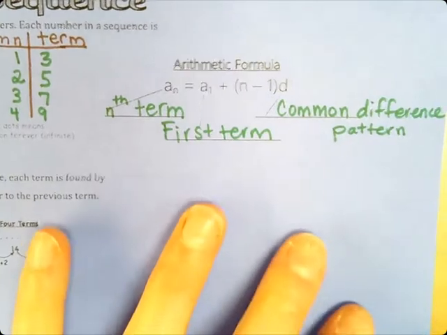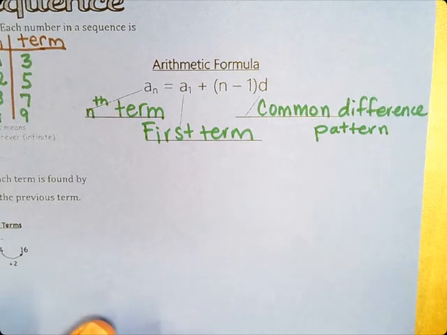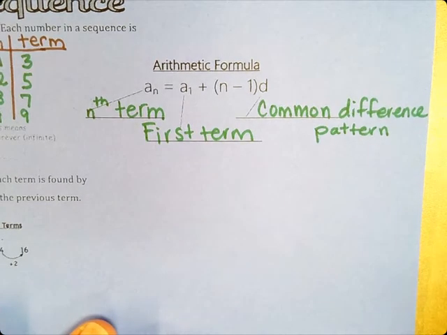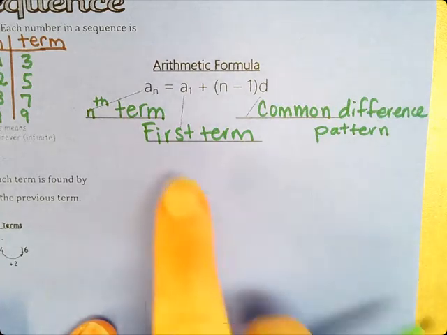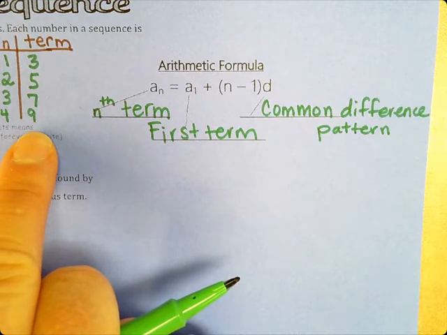So usually whenever you look at sequences, you can find out what the pattern is, how it's going from one to the next to the next. We're going to write the formula for this sequence so we can find the 50th term.